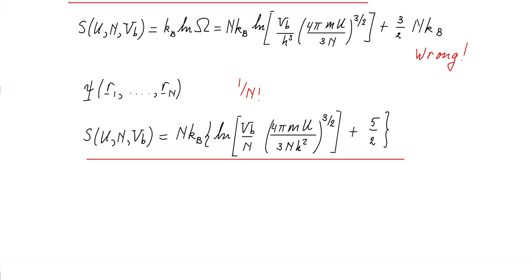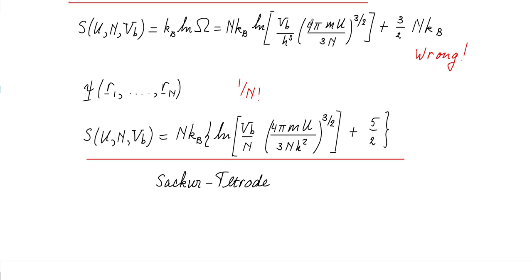This result is a famous formula, and it bears the name of Sackur and Tetrode, so it's called the Sackur-Tetrode formula. And it has a nice property, which is not shared by this expression.